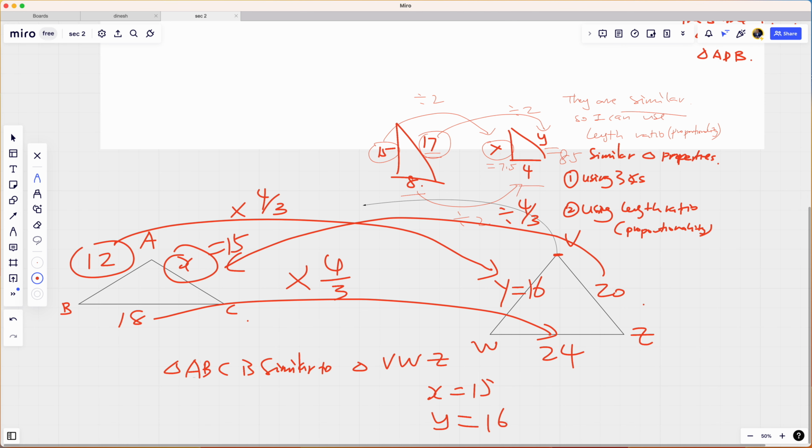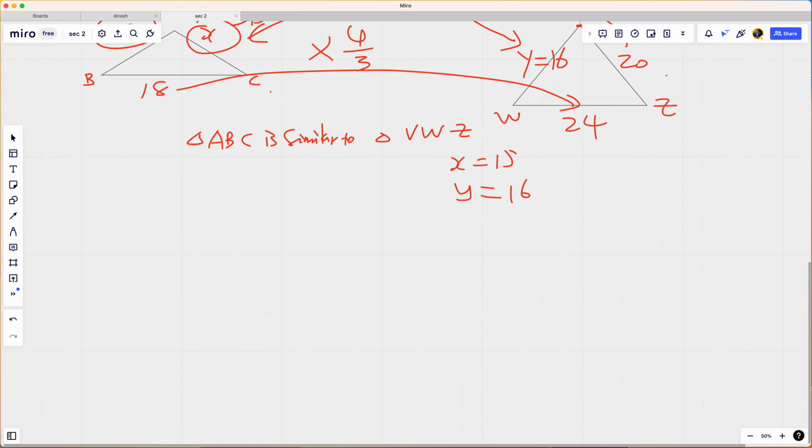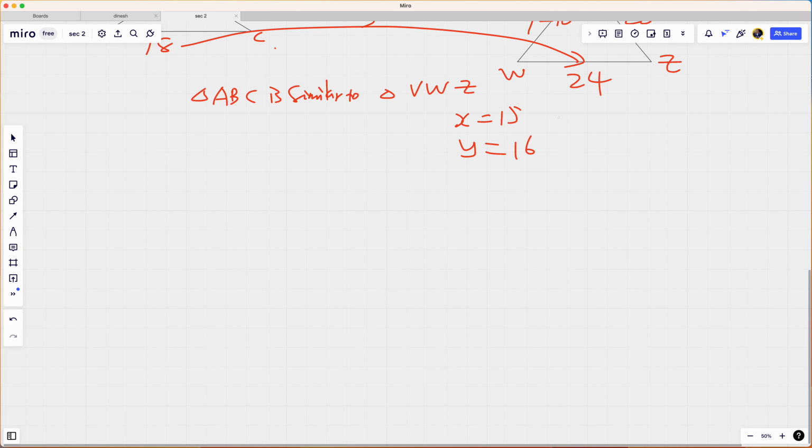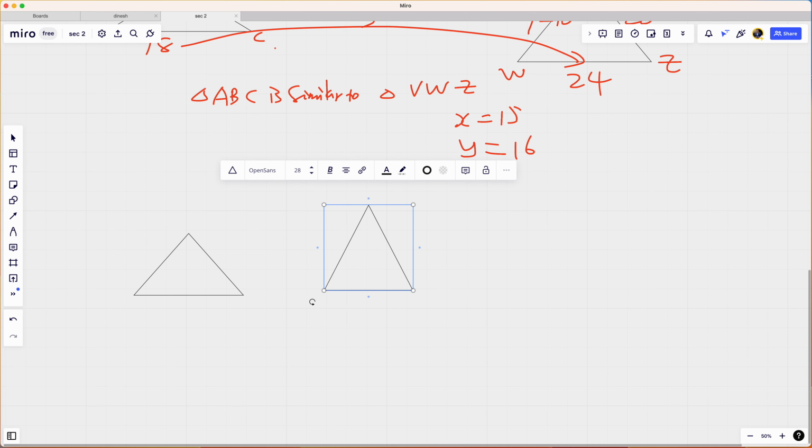Okay, so now let's do the angle one. You have the angle one, I want to use option one already, this one. So the first thing you do is get the two triangles out. The triangle might not be exactly the same as yours, but good enough is okay.